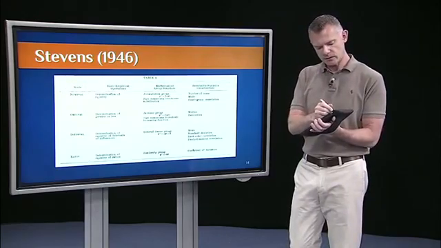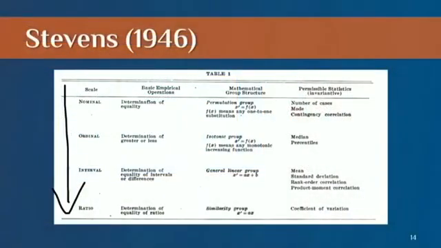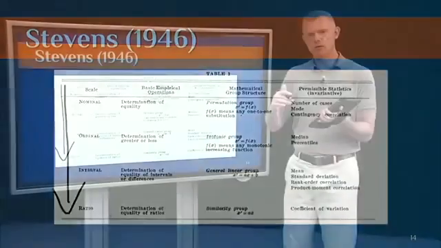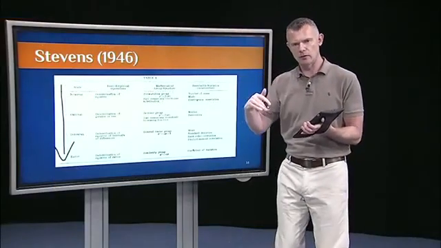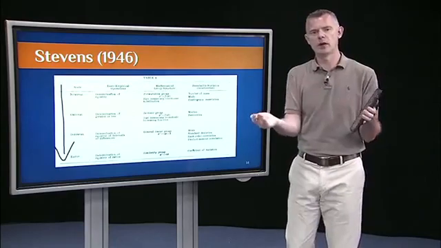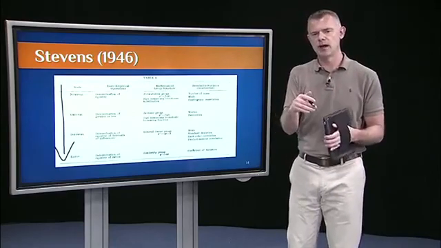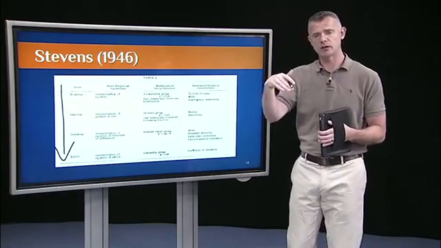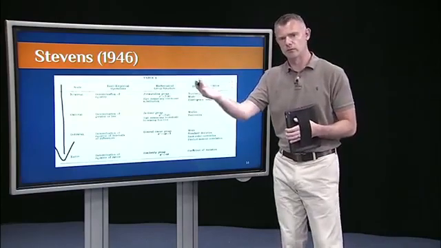As you go down this list, you'll see as you go from nominal to ordinal to interval to ratio, you're allowed to ask more and more questions of your variables. So for ordinal, I can ask not only are you the same or different, but I can ask, are you ranked higher or lower? So do you come from the same or different countries, and does your country have a greater or lesser population than the other student?